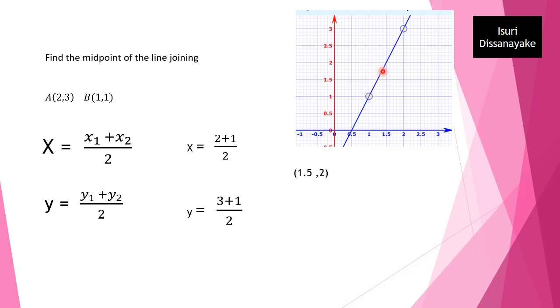And if I find the midpoint of these 2 points, here it is, the midway. So you can read the coordinates and see that it is (1.5, 2). That is, here the x coordinate is 1.5 and the y coordinate is 2. So the midway of the line joining A and B is (1.5, 2).